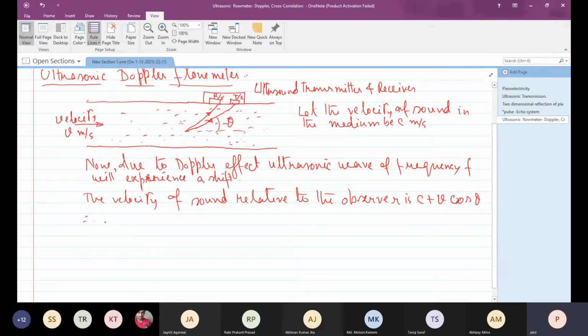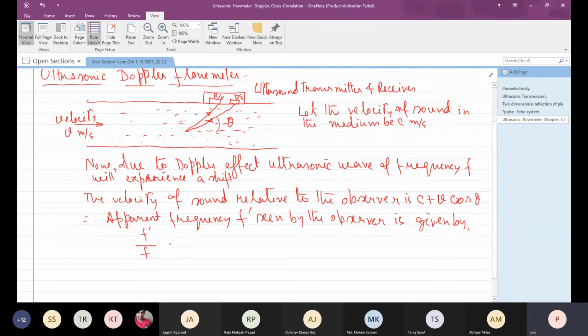Therefore, the apparent frequency f dashed seen by the observer is given by f dashed equals f times (c plus v cos theta) by c.